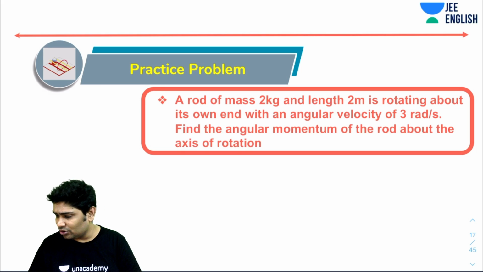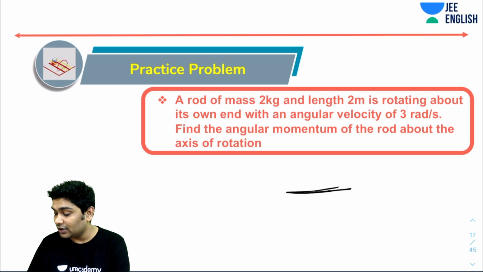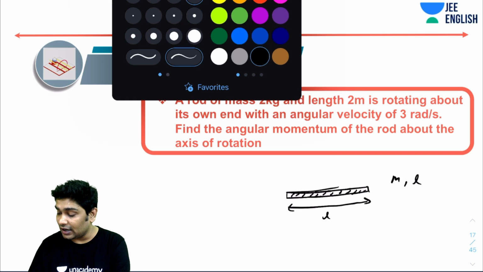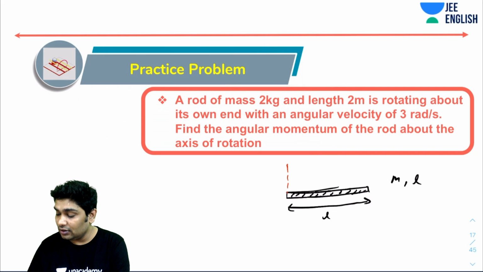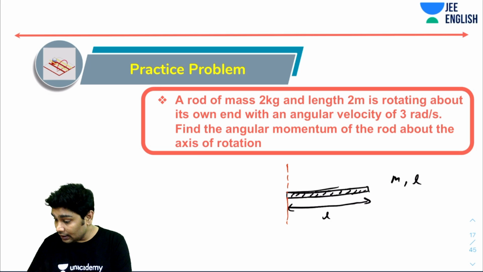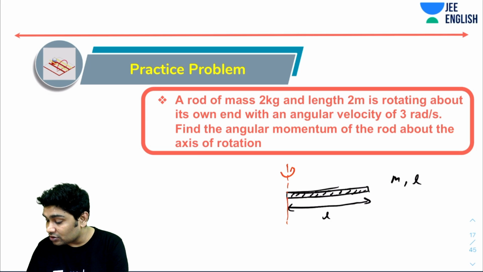Let me also draw a picture in case you want a little help with visualization. Imagine this is your rod, which has some mass m and some length l, where l is this, and this is rotating about an axis passing through the end like this, with an angular velocity omega, which you know is 3.